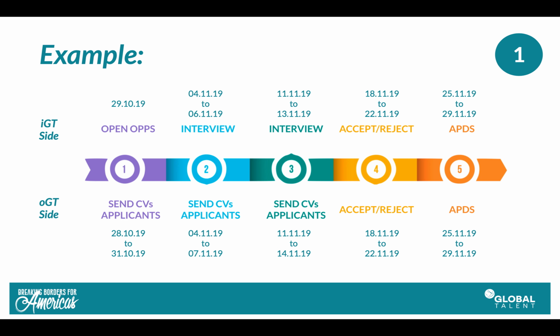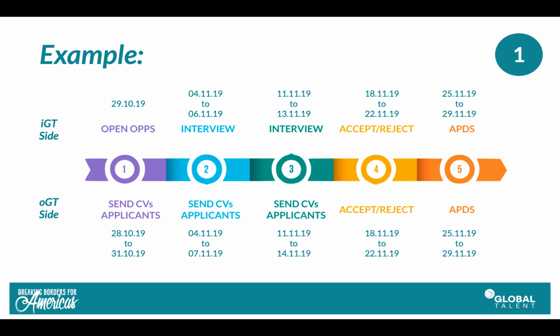Here you can find the IGT side and the OGT side, with specific dates for every process. For example, IGT says that on the 29th of October they will have opens, then from November 4th to November 6th they will have interviews, and that will be the same for the next week. From 18 to 22 of November they will accept or reject the profiles, to have the approvals from 25 to 29.